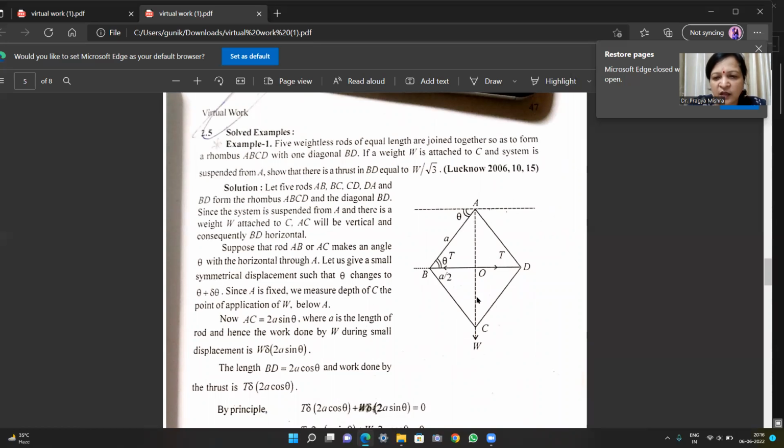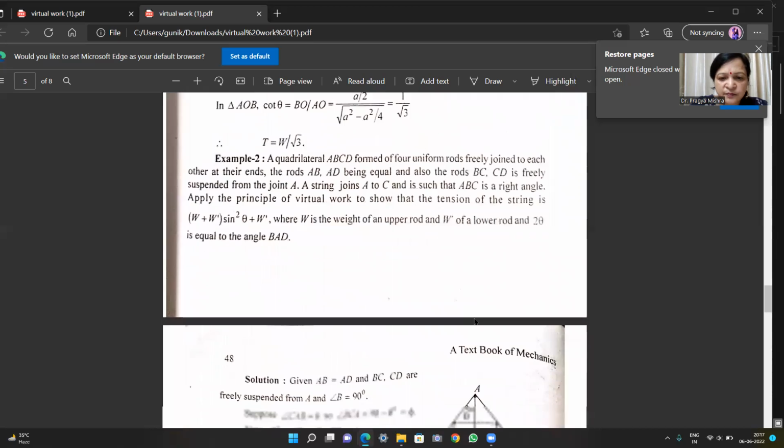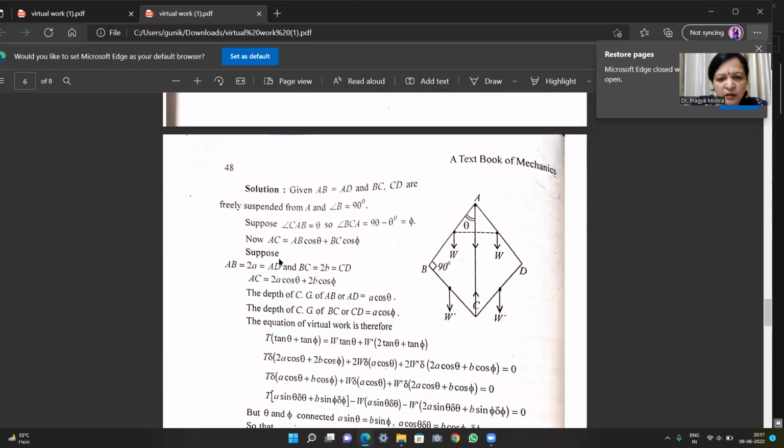इस केस में ये रॉड्स सारी इक्वल गिवन है, लेकिन यहाँ पर ये रॉड्स इक्वल नहीं गिवन है। ऊपर की 2 रॉड्स इक्वल है और नीचे की 2 रॉड्स इक्वल है। ठीक है, ये एंगल थीटा है और ये एंगल 90 माइनस थीटा इस टाइप से है। तो ये AC इक्वल टू AO प्लस OC हो जाएगा, और AO इक्वल टू AB cos थीटा होगा, और OC इक्वल टू BC cos फाई। वही चीज यहाँ पर है, ये AC will be AB cos theta plus BC cos phi.